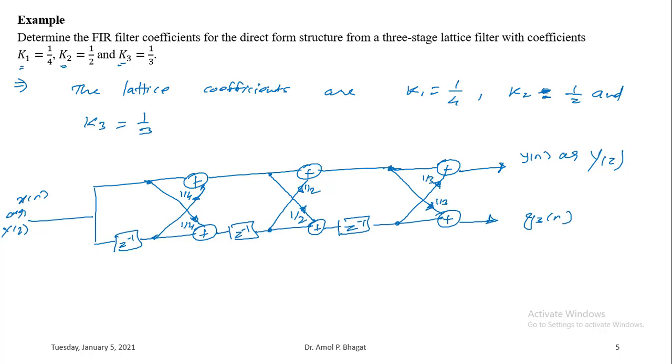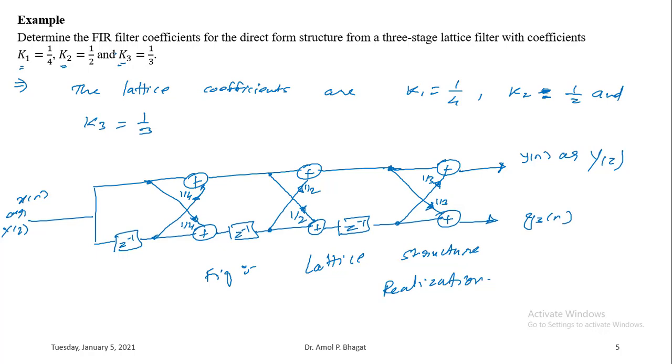Okay, so this is nothing but the lattice structure realization by using these three lattice coefficients k1, k2, k3. Okay, so now let's see how to convert this lattice coefficient into the direct form filter coefficient.